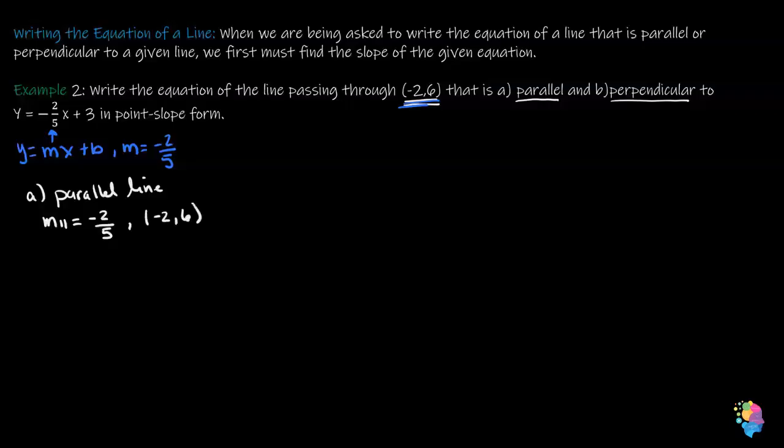Now remember, since they want the equation in point-slope form, let's bring down the point-slope formula. And that is y minus y1 is equal to m parentheses x minus x1. That means for us that we're going to replace m with this -2/5 and x1, y1 with -2 and 6.